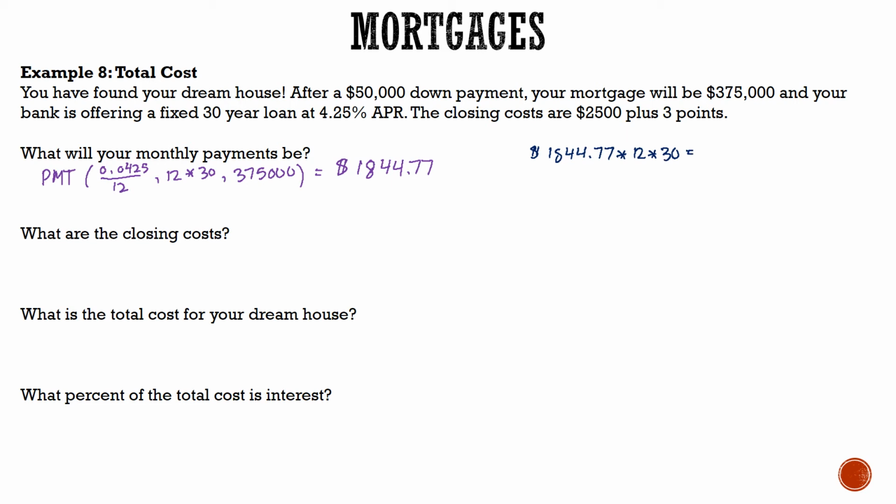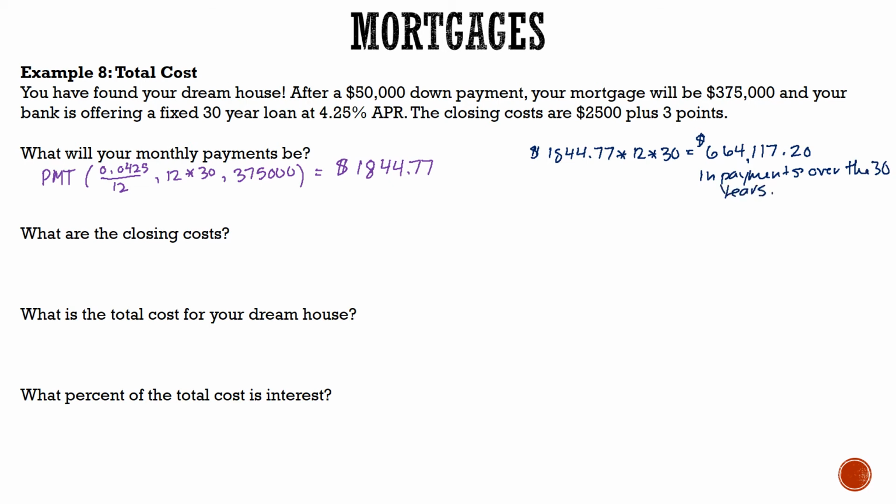And that's going to end up at $664,117.20 for the amount that just our payments are going to add up to. So that's going to be the amount in payments over the 30 years.